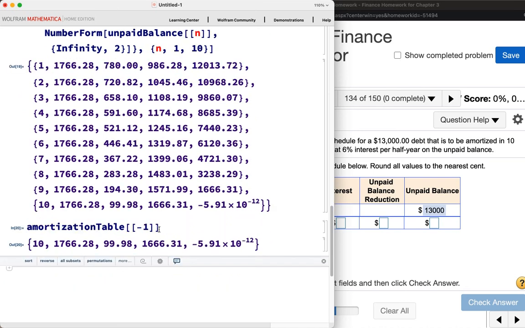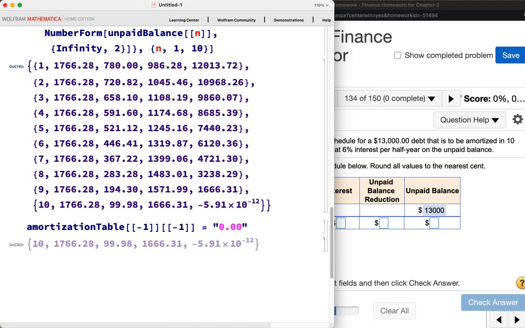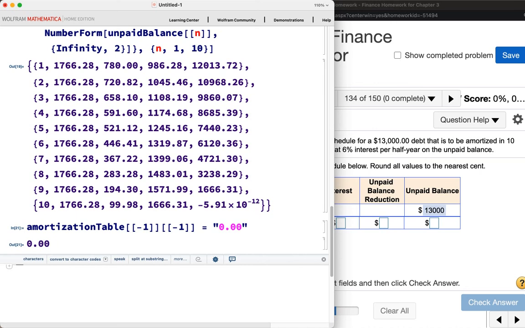I want the last element of the last row. And I'm just going to put 0.00 because that's really what it is. It's $0. We're good. Amortization table.